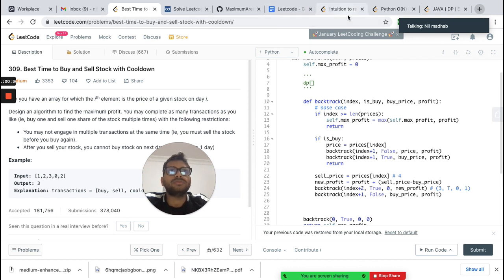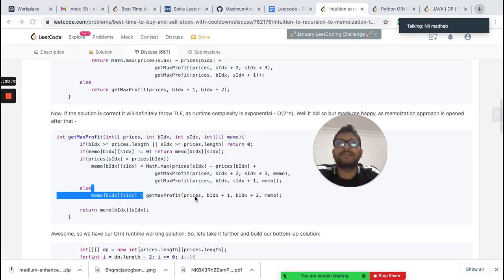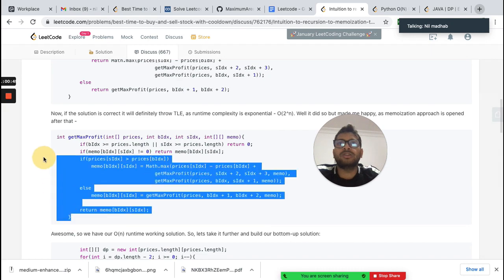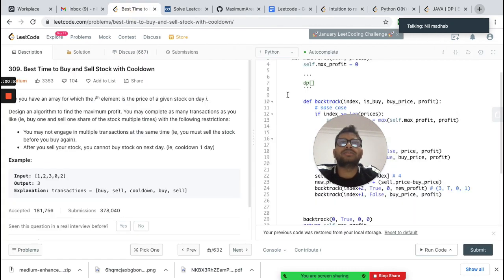So what we can do is, we'll discuss one method that we have seen, which is similar to our solution. We'll discuss it.